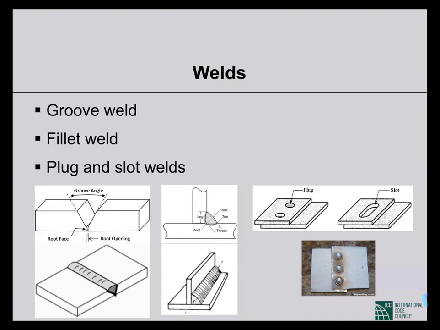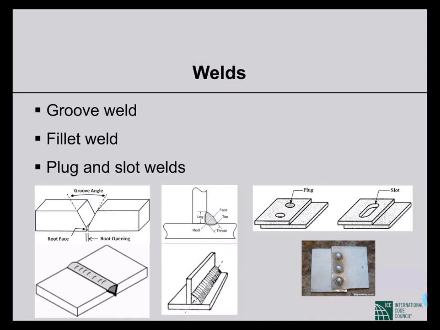The second type is fillet weld. We place the members one upon another at different angles. It's shown here at a right angle, 90 degrees. So we can place one plate on another plate like this, and we weld from the side. That's fillet weld.